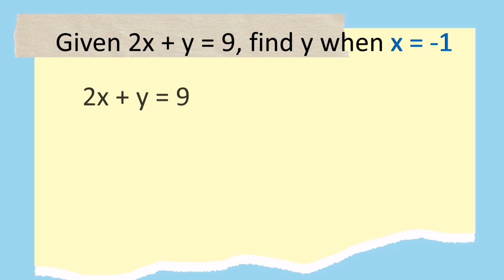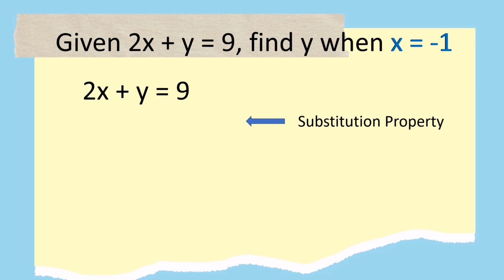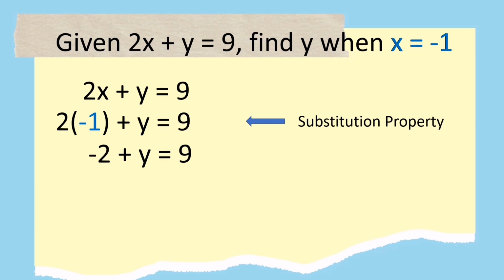So using the given equation 2x plus y equals 9, we will substitute the value of x, which is negative 1. The equation now becomes 2 times negative 1 plus y equals 9. To simplify this, it becomes negative 2 plus y equals 9.